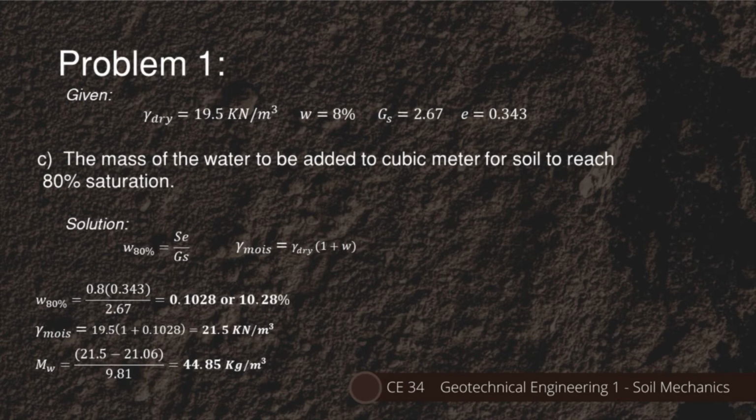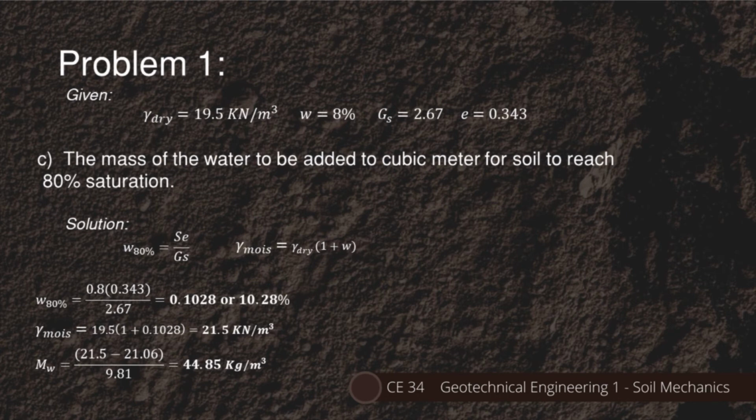We can now solve for the unit weight of the moisture in saturation, which is equal to 19.5 times 1 plus the 80% of water content, which is 0.1028, giving us 21.5 kilonewton per cubic meter.